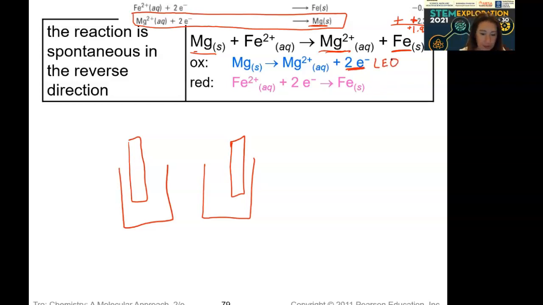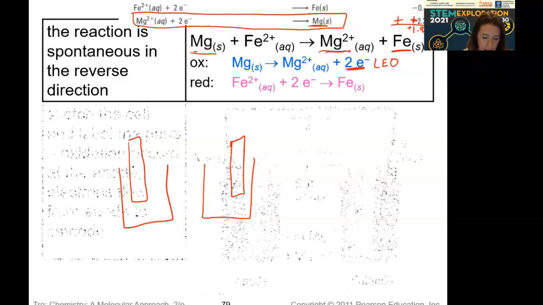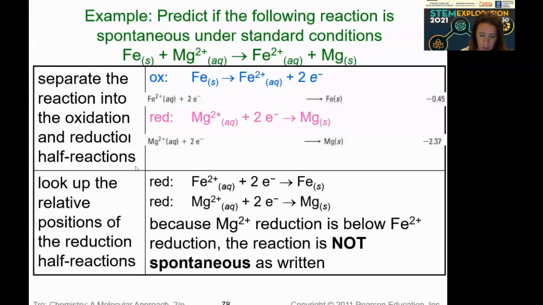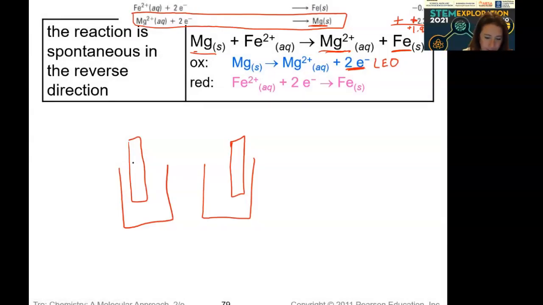So this is our magnesium, and this is our solution. We have magnesium 2+ in here. Our reduction is our iron, our solid, with Fe2+ here. We need some kind of a salt bridge.